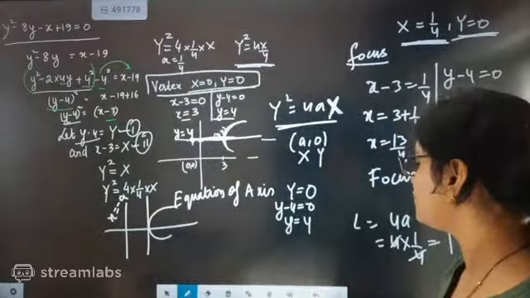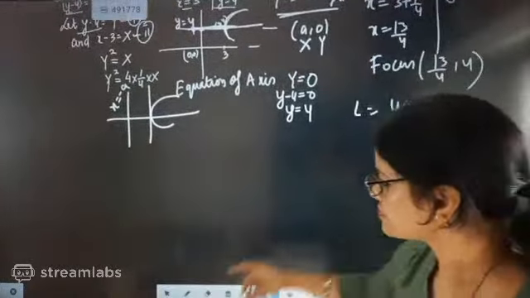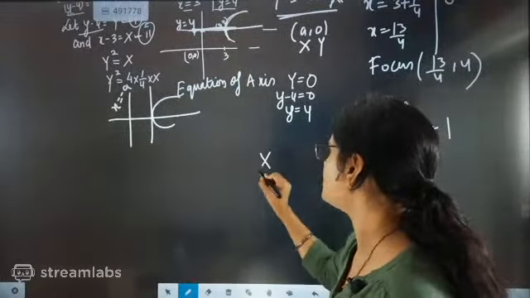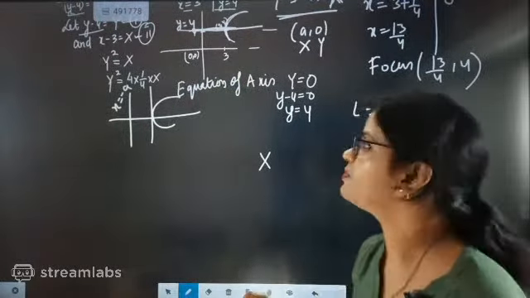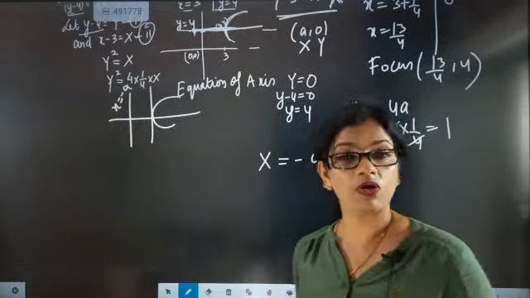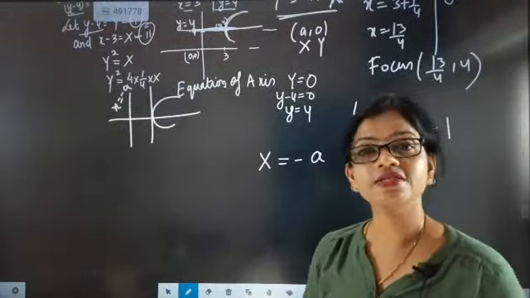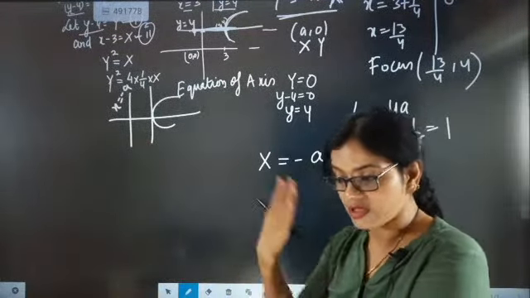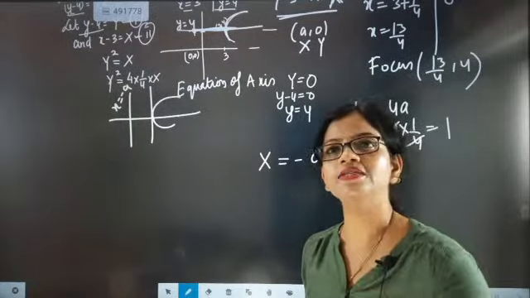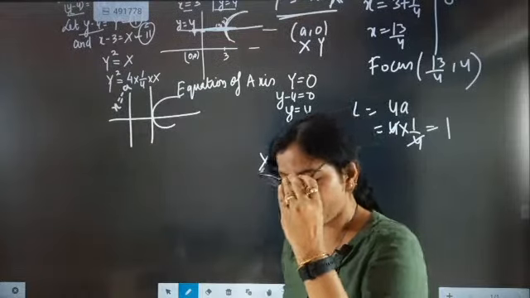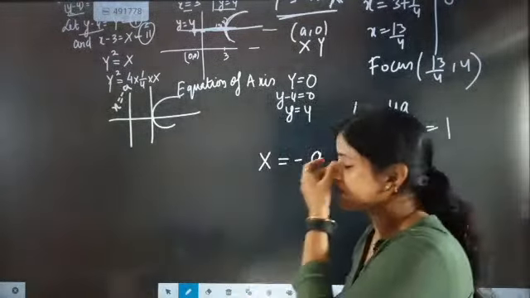But here you have to write the directrix using capital letters, capital X, because the small letters x and y are for the general equation of parabola. You converted the general equation of parabola into the standard equation of parabola.